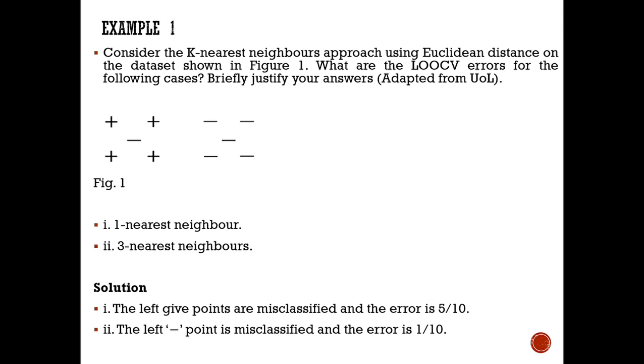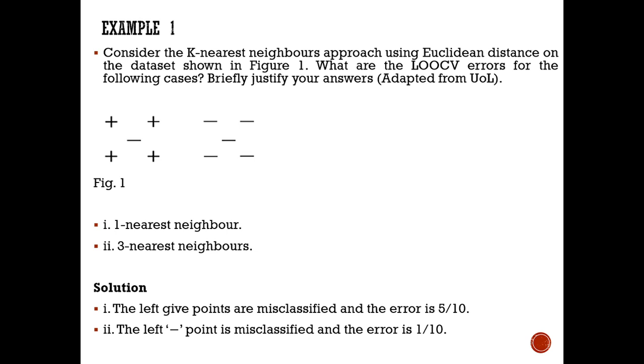Now we want to find the classification errors using one nearest neighbor. For the one nearest neighbor, in figure 1 the left hand side has plus, plus, minus, plus, plus.